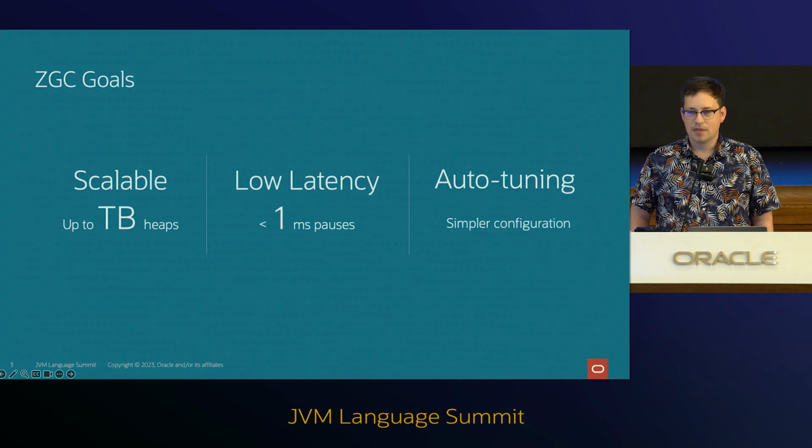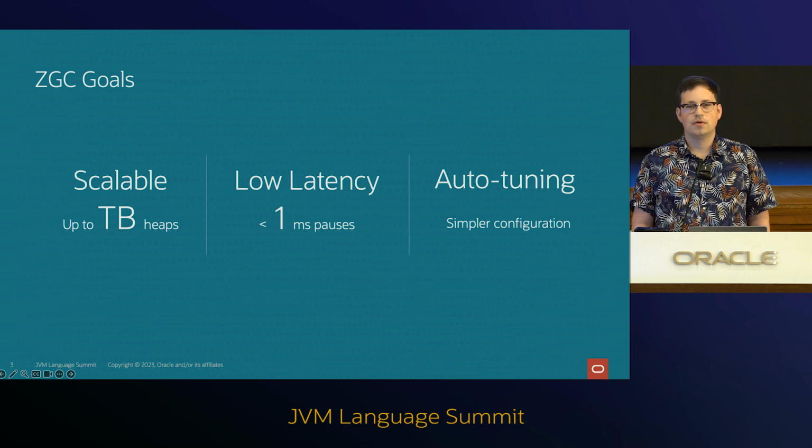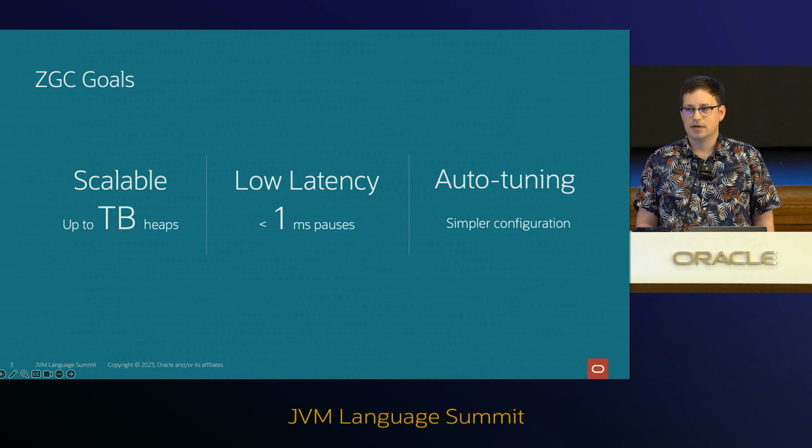So the goal of the project has been to scale up to terabyte size heap while maintaining low latency, so a millisecond, and something that we also take very seriously is that we want to do this without excessive user configuration. So there's a lot of effort that has gone into automatically tuning the GC.